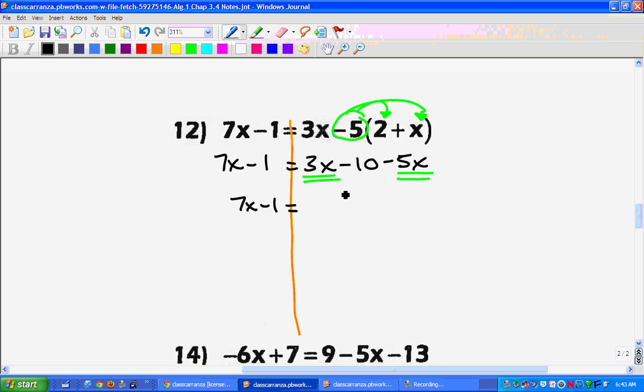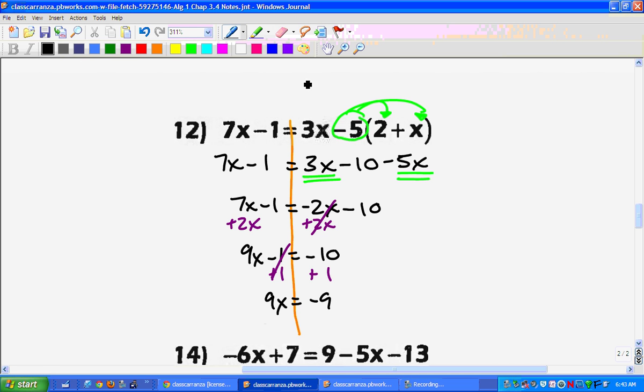The left side is still the same. I have variables on both sides of the equation, so I'm going to add 2x to both sides. 9x minus 1 equals negative 10. Cancel subtraction with addition, and cancel multiplication with division. And we're left with x equaling negative 1.